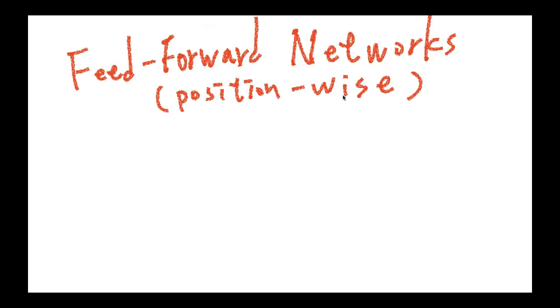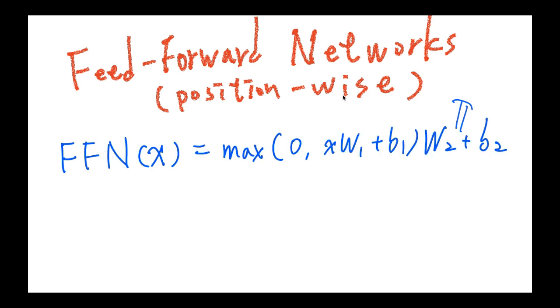Okay, now we also want to understand what the feedforward neural network means, because after the attention layer you will have another sub-layer, which is the feedforward layer, and it's position-wise. In this feedforward layer, it's quite straightforward.